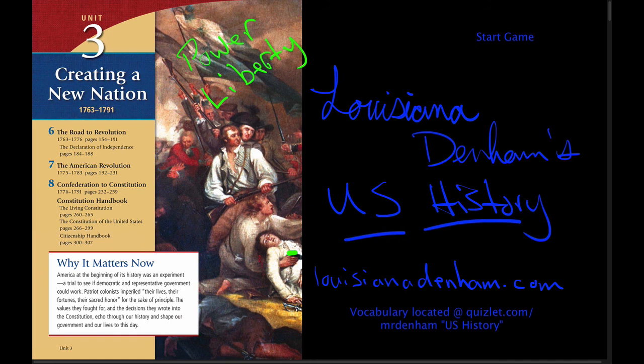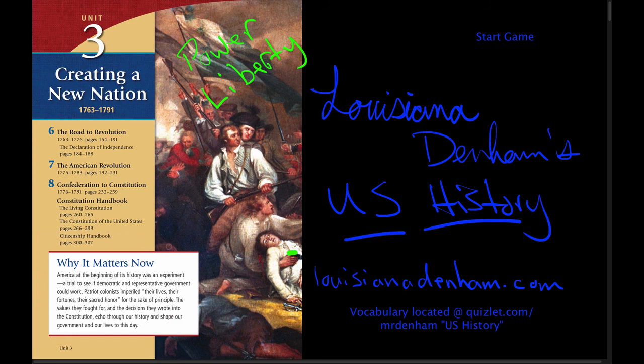And then we'll look at how we went from a confederation to having a constitution. And then we'll examine the U.S. Constitution, why it matters now. Looking down here, we'll see that by studying the beginning of our nation, it can help us to better understand why our government and why our politics work the way they do today.